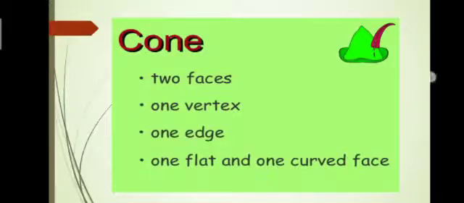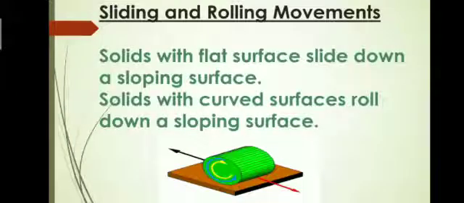Students, now let us know about sliding and rolling movements of solid shapes. Solids with flat surfaces slide down a sloping surface. Solids with curved surfaces roll down a sloping surface.